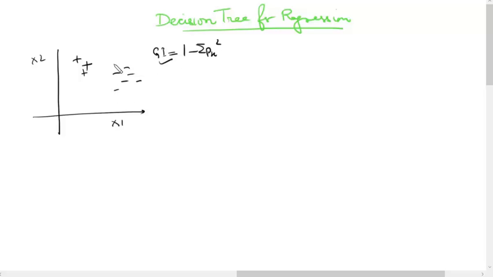Now in the case of regression, things will be a little different because we will no longer have the concept of pure and homogeneous buckets. So the concept of pure and homogeneous buckets is only applicable in case of classification, where we try to create buckets which have only the pluses or ones and buckets which have only the minuses or zeros. So that is the concept of homogeneous bucket.